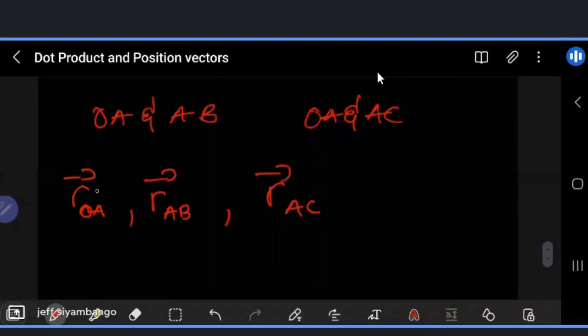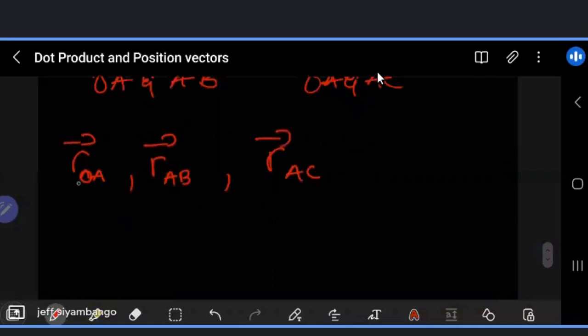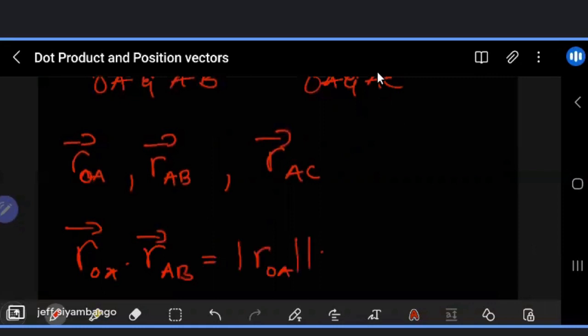If we can get these three vectors, to get the angle between ROA and RAB, you know to say the dot product between any two vectors, ROA dot RAB, the dot product will be the same as the magnitude of ROA multiplying the magnitude of RAB, then cos the angle between them.